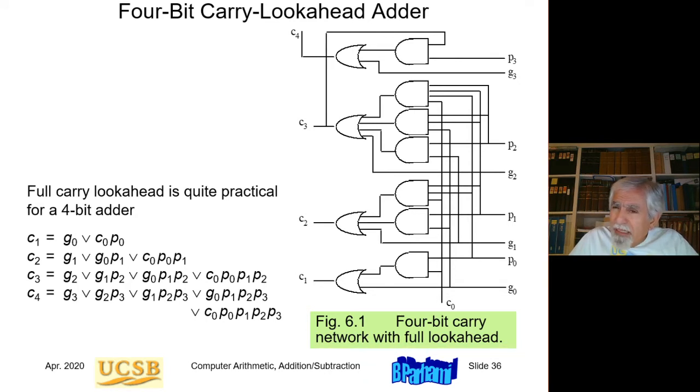And the reason for that is that C4 being carry out is a primary output of the circuit, whereas C3, C2, and C1 are not primary outputs. They're further used to compute the sum. So there's another circuit after computing C1, C2, C3 that gives us the sum bit.